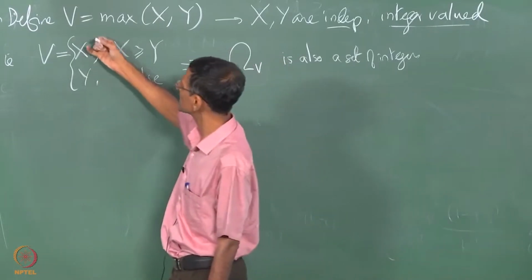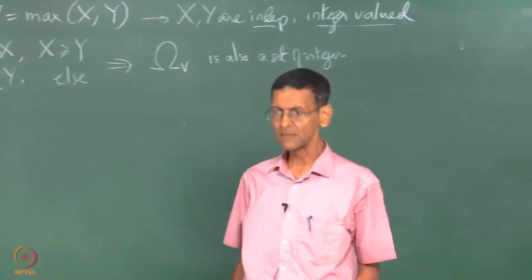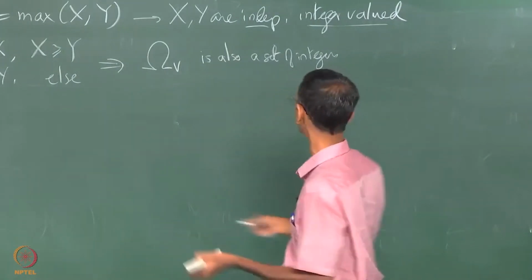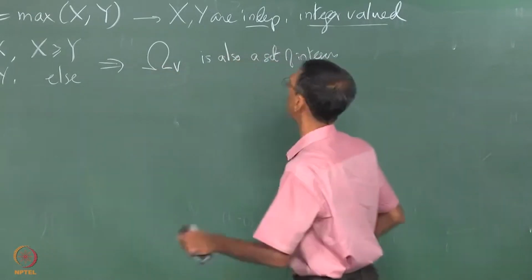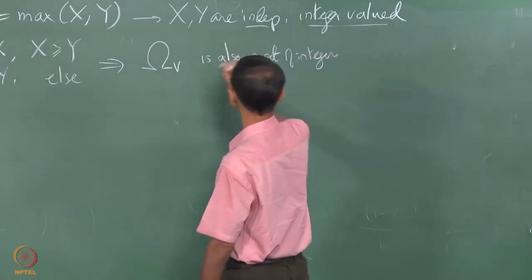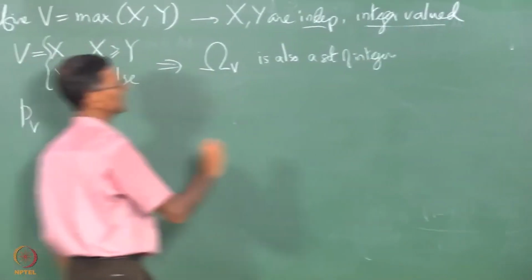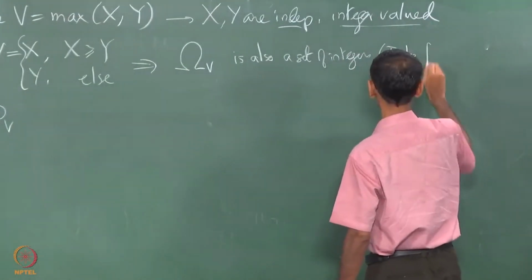If x starts from 0 and y starts from 2, obviously the maximum cannot be 0. It has to be 2. So you have to determine this omega v appropriately. Let me not write any notation on this. I want to look at just the probability. This needs to be found on a case by case basis.